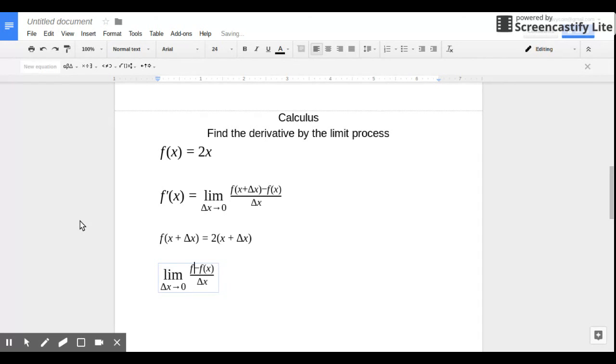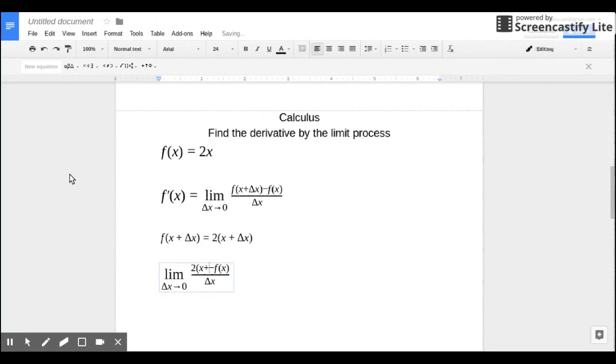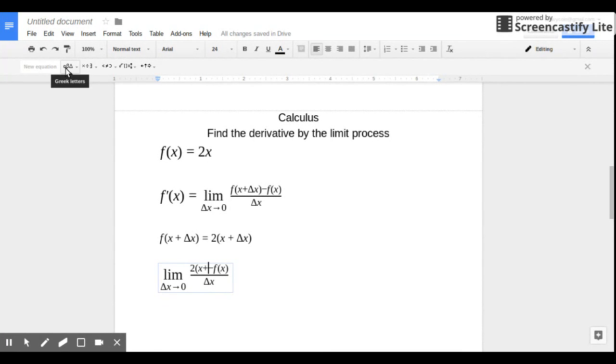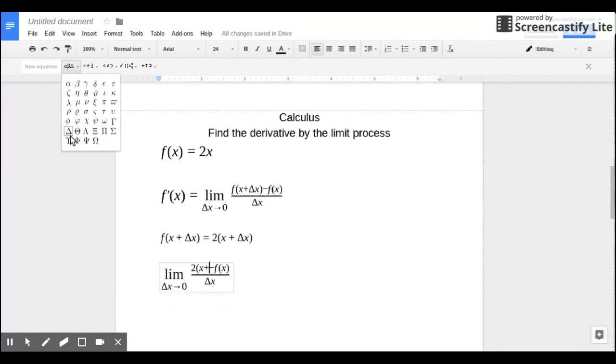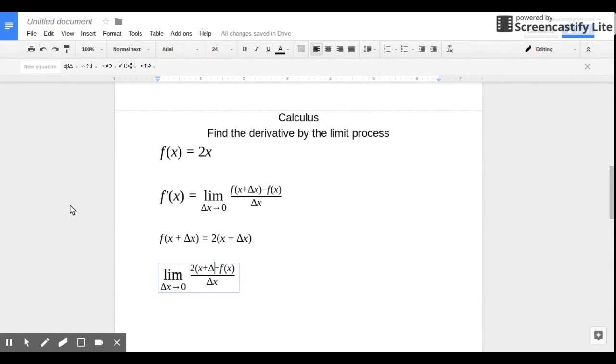So that's going to get replaced with this 2 times x plus that delta x. We're going to replace that. You see that? So that got replaced, and then of course our f of x is 2x. That's all we got to do.